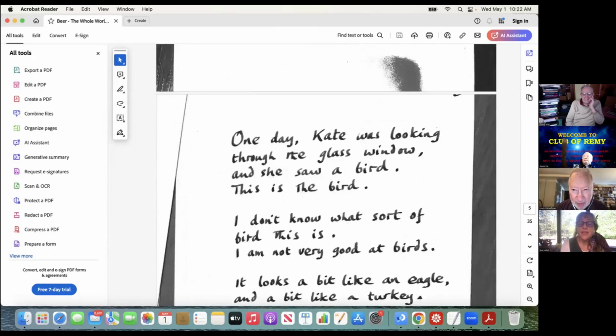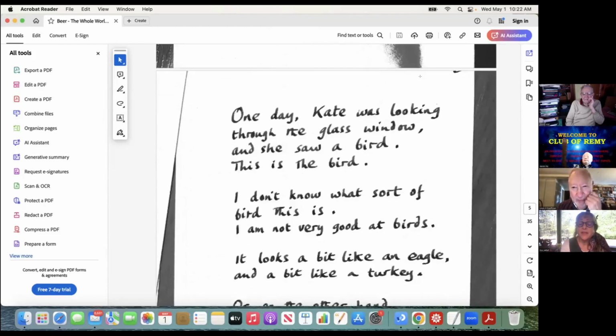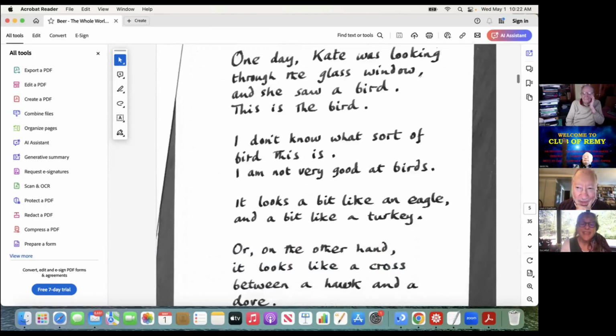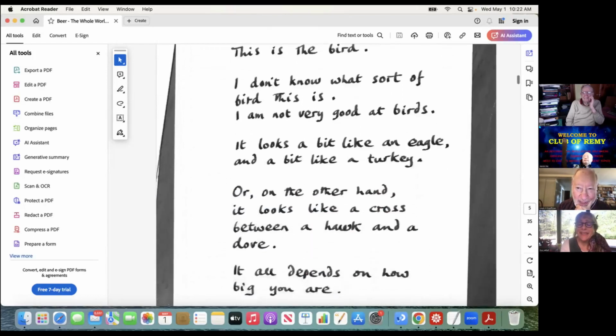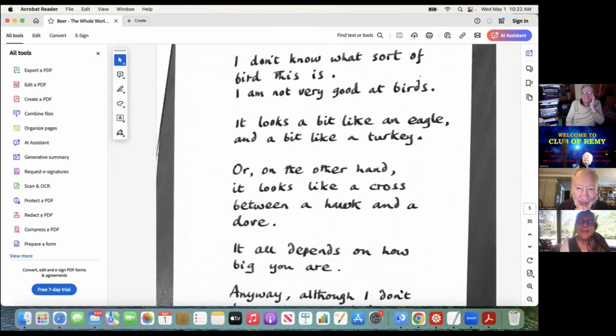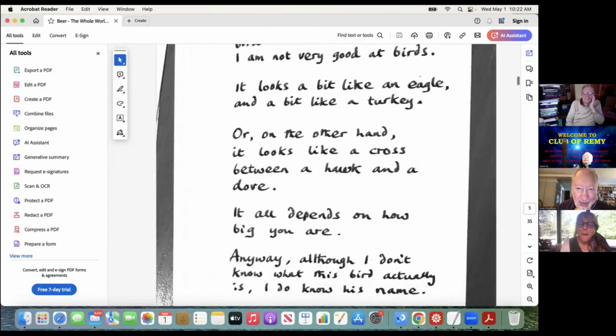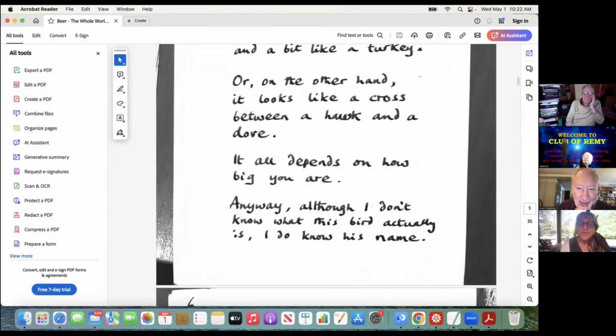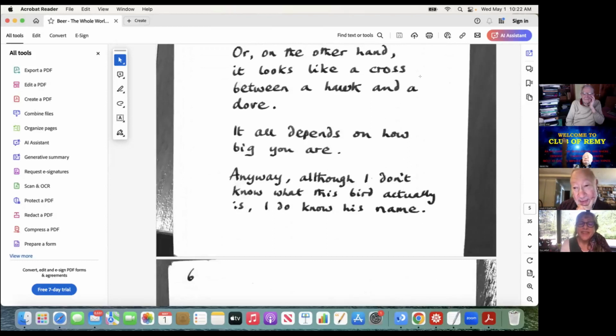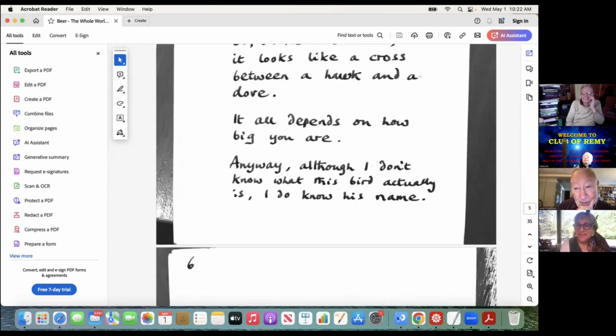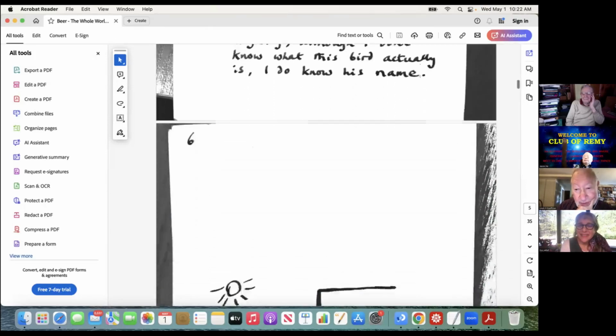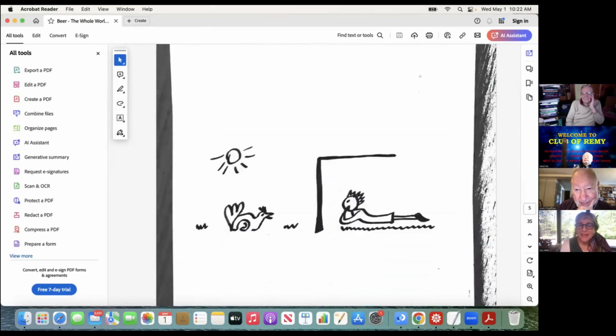One day, Kate was looking through the glass window and she saw a bird. This is the bird. I don't know what sort of bird this is. I'm not very good at birds. It looks a bit like an eagle and a bit like a turkey. On the other hand, it looks like a cross between a hawk and a dove. It all depends on how big you are. The theme of scale. Anyway, although I don't know what this bird actually is, I do know his name.